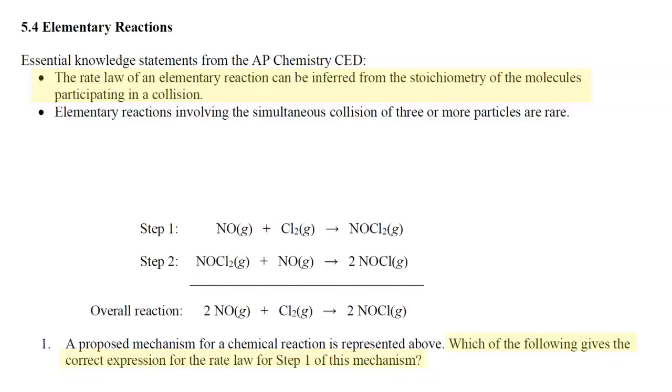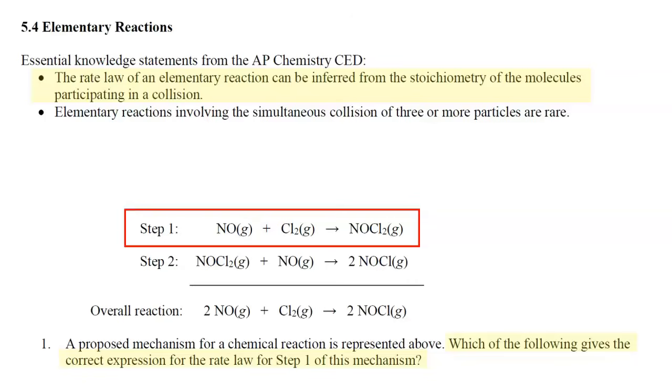The rate law of an elementary reaction can be inferred from the stoichiometry of the molecules participating in a collision. So all we need to do is focus on step 1, not the overall reaction, not step 2, just step 1. And then we have to count the number of molecules of each reactant.